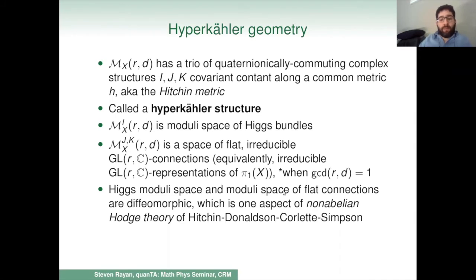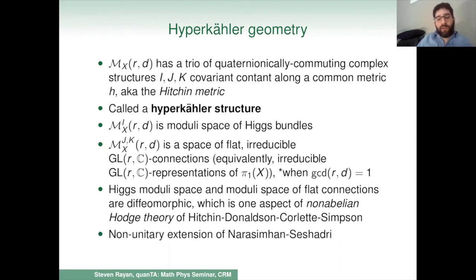This is sort of a theorem built up by Hitchin, Donaldson, Corlette, and Simpson. And you can see this as a non-unitary extension of Narasimhan-Seshadri. Narasimhan-Seshadri was saying that there was a diffeomorphism between a moduli space of flat, irreducible, unitary connections and just a moduli space of ordinary holomorphic bundles.